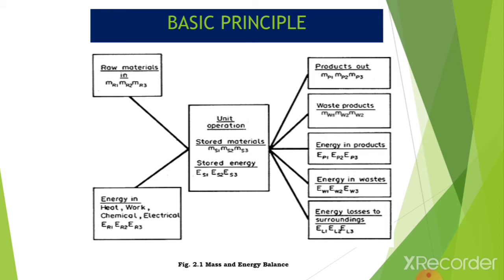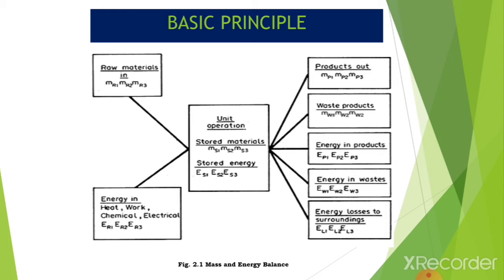Then energy enters into the system in various forms like heat energy, work energy, chemical energy, electrical energy, which is indicated by ER1, ER2 and ER3, that is energy in raw material 1, energy in raw material 2 and energy in raw material 3.